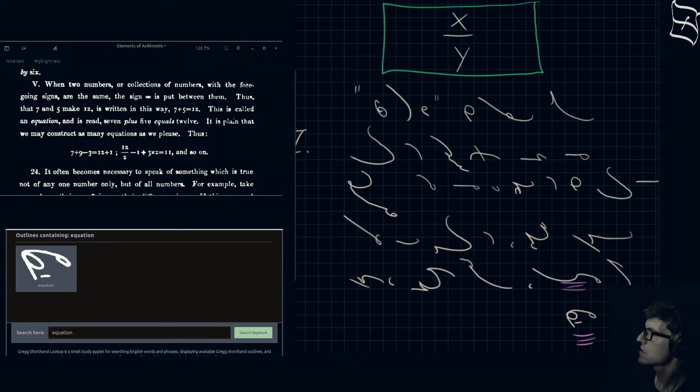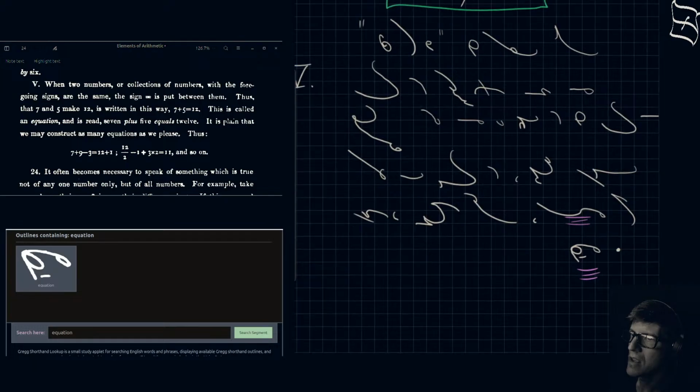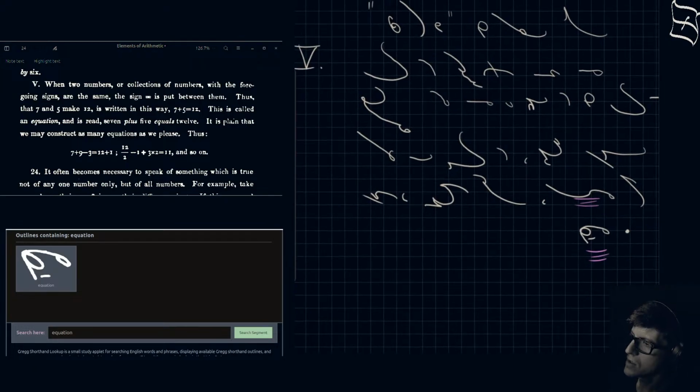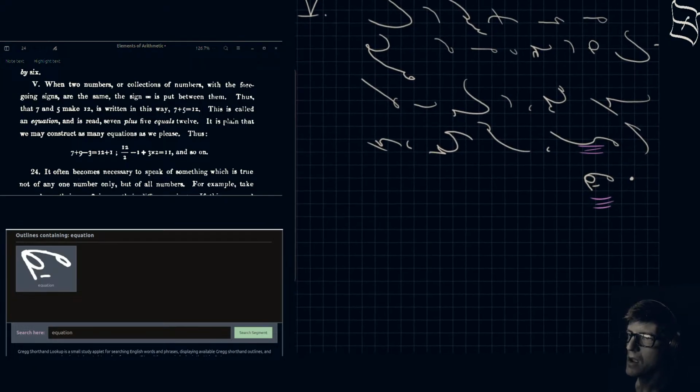And that's a really important point, okay? It's the comparison itself that is the equation. The comparison is called an equation, and is read as the value equals the other value.